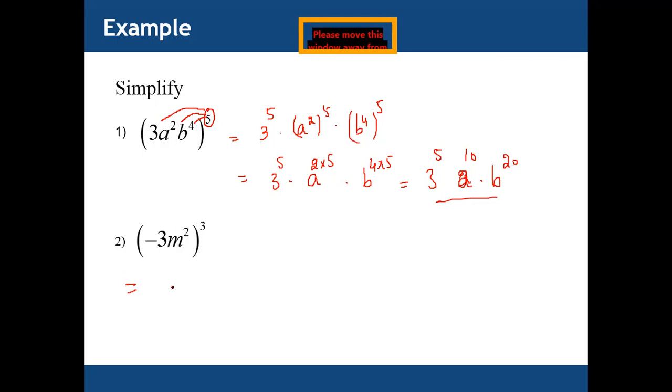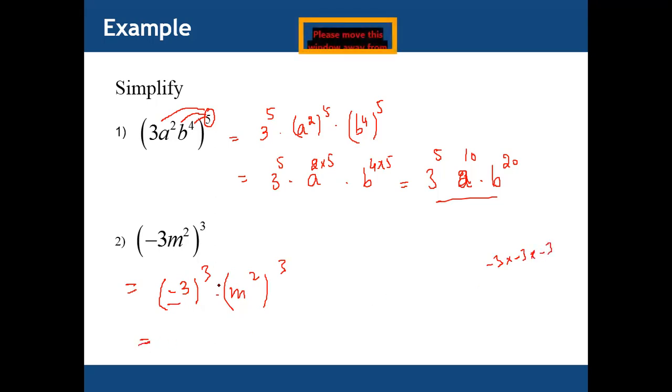You can write this in two ways. You can write like (-3)^3, and we have m^2 to the power 3. So minus 3 cube means minus 3 multiplied by minus 3 multiplied by minus 3.